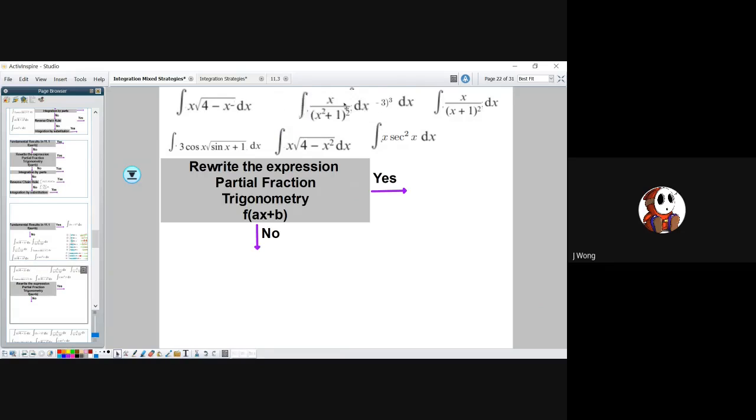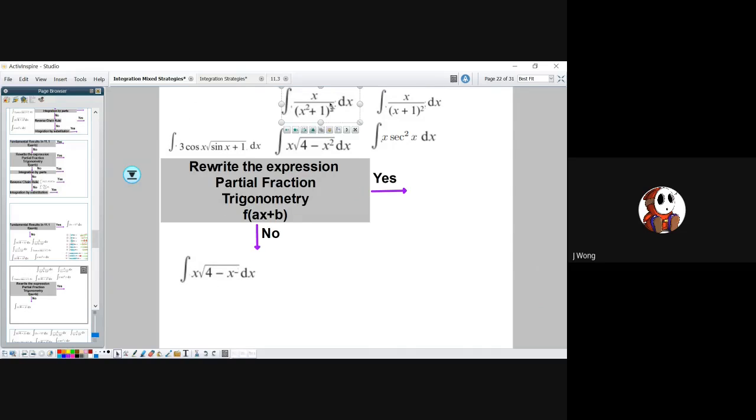So for the remaining 6, let's see if we could rewrite them using either partial fractions or trigonometry. Let's have a look at all of these. You could see that one, no, there's no trigonometry or fractions. For that one, you cannot really factorize it because it's already in factorized form, and you can't really change it using partial fractions, and it's not in trigonometry.